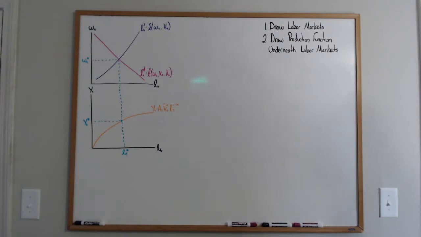So by combining the production function with labor markets, I have seen exactly how much stuff is made with some amount L star of labor at a wage rate W star. So when labor markets clear, where labor demand equals labor supply, they clear at a wage rate or a price of labor W star, and that's the real wage rate, mind you. And they clear at a real wage rate W star with an amount of labor input L star.